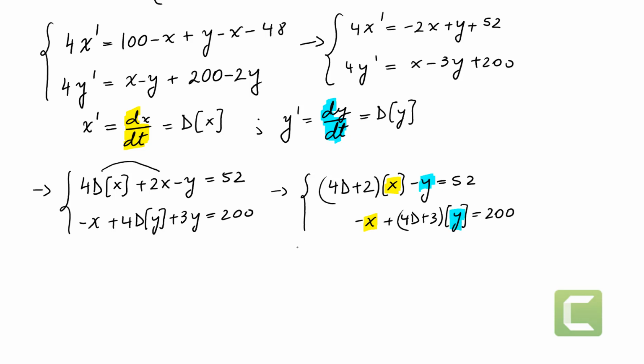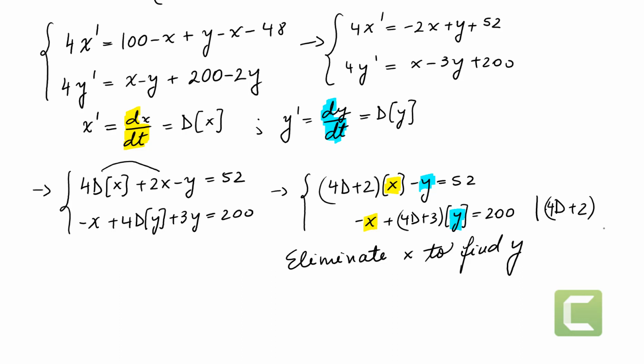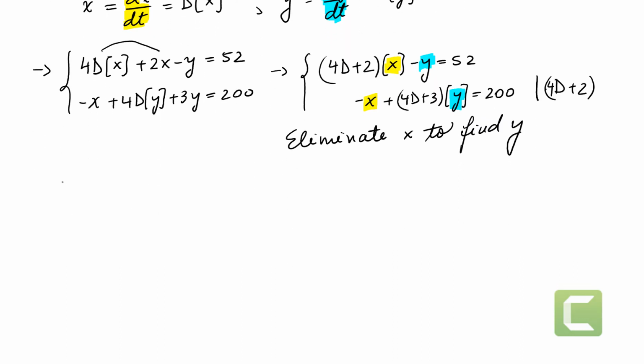So I'm going to eliminate x to find y. So to do that, I'm going to multiply, or basically apply, 4D plus 2 to all the sides of my second equation. So the first equation is (4D plus 2) applied to x minus y equals 52.